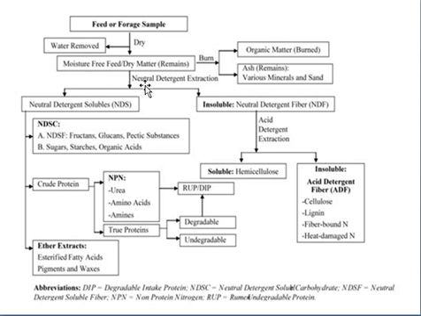If we take it further, if we do neutral detergent extraction, then it becomes the soluble portion NDS and the insoluble portion neutral detergent fiber. If you come towards fiber, then there is a soluble portion of fiber which is hemicellulose, and there is an insoluble portion of fiber which is cellulose, lignin, fiber bound nitrogen, and heat damaged nitrogen.